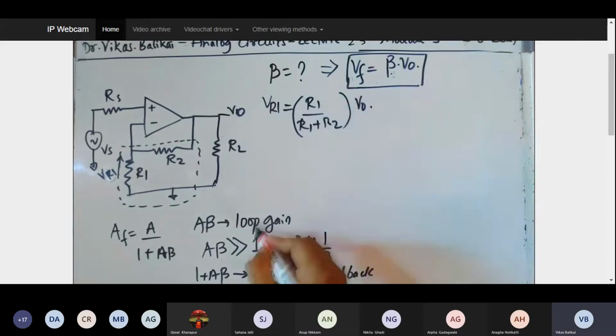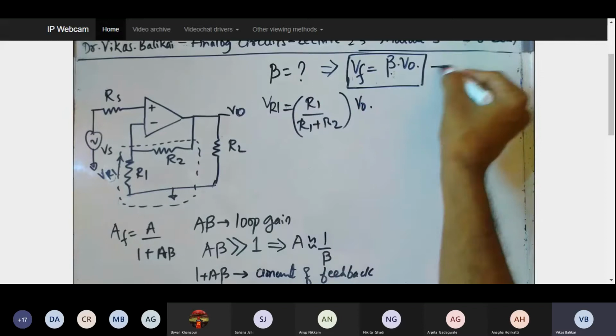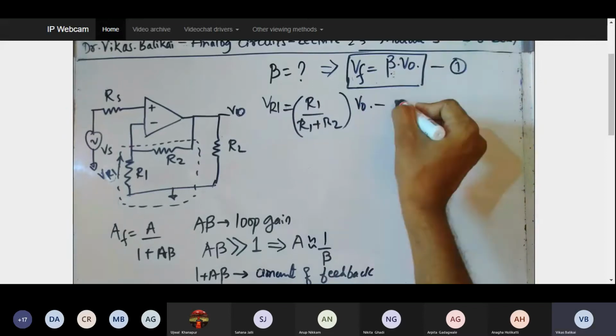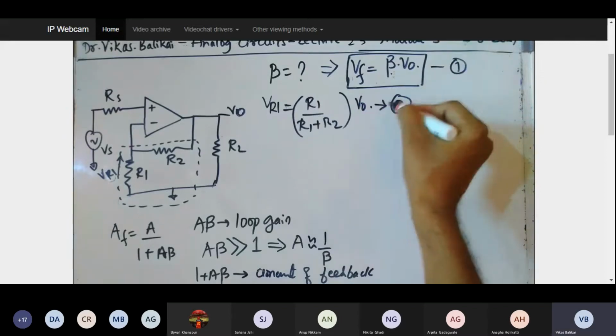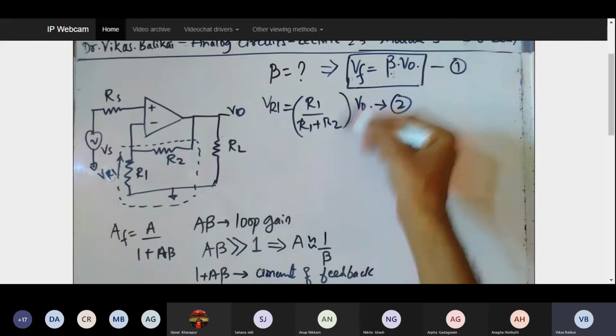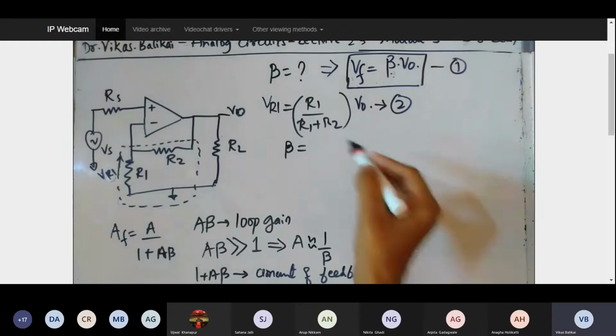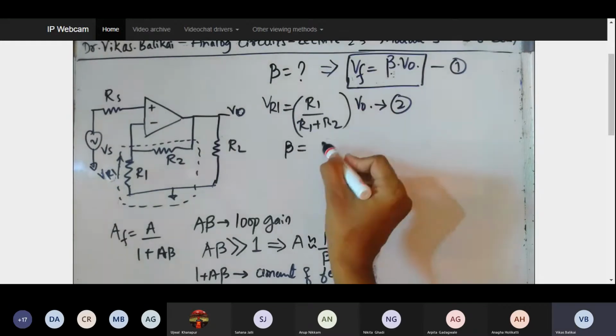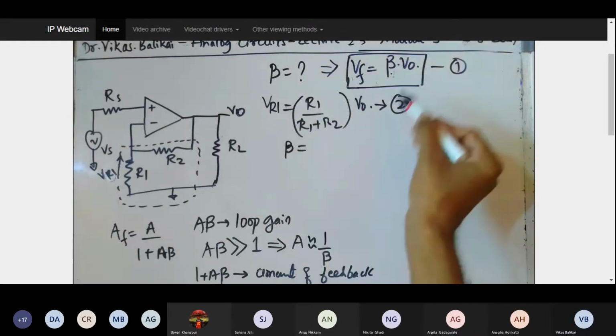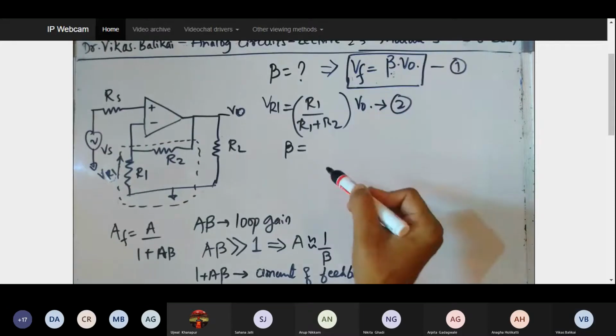If I compare equation number 1 with equation number 2, are they in the same format? Can you tell me what the expression for beta will be?